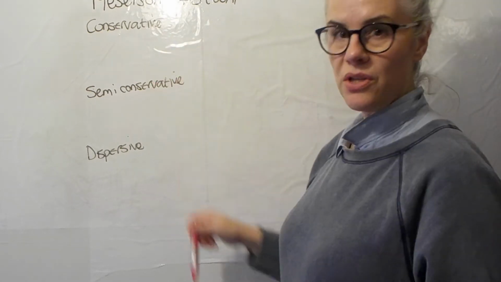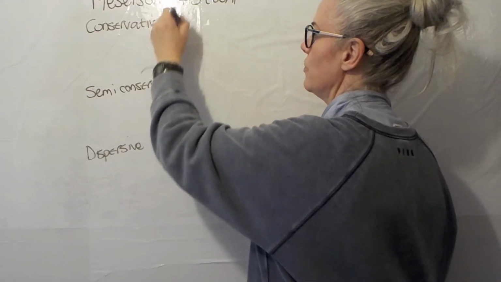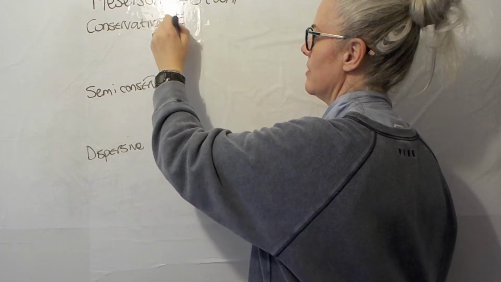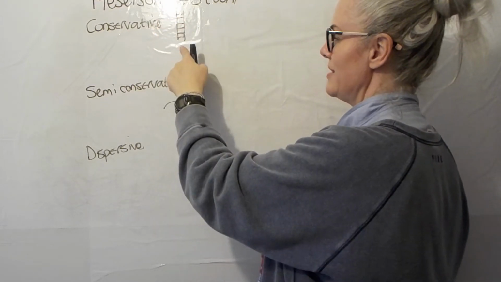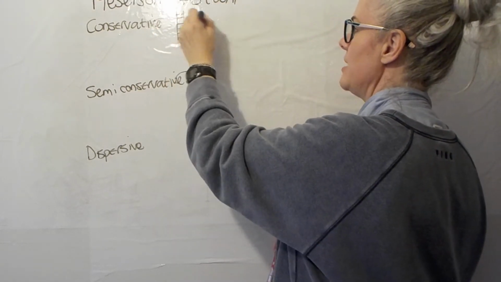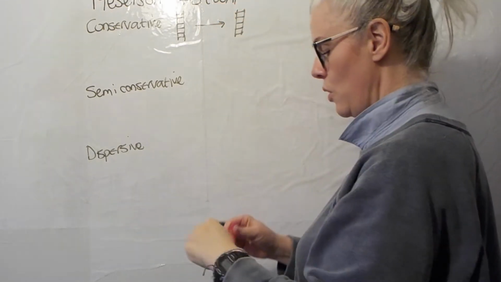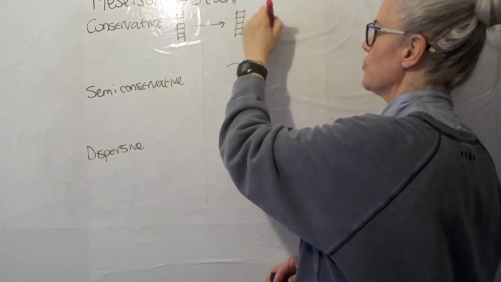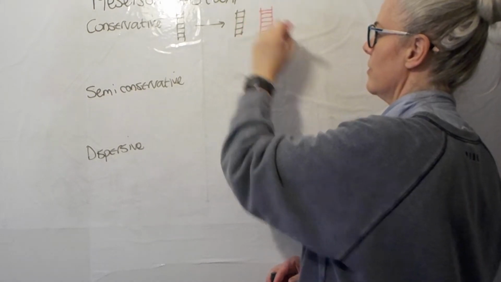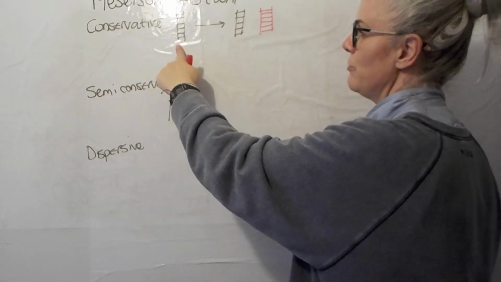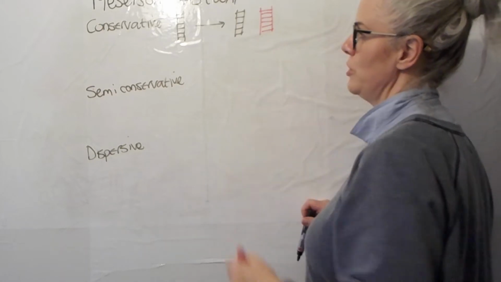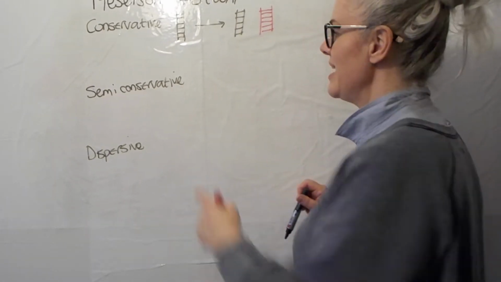Now, in conservative, what they said was that your DNA would stay the same, but then you would make one whole new strand of DNA. So you keep the original one, you make a whole new one, hence the name conservative.